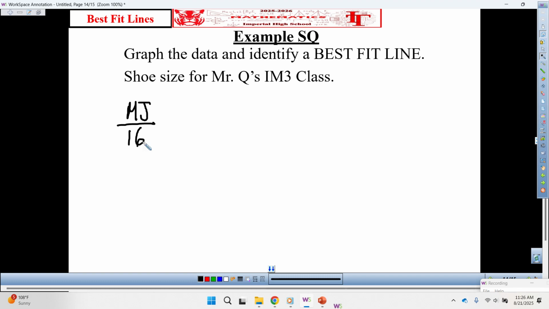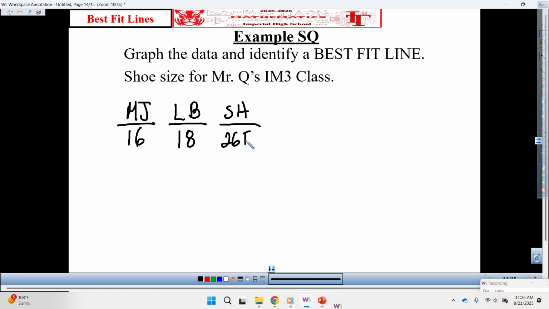Then I go to the next person. Hey, what's your name? Larry Bird. Larry Bird, LB. What's your shoe size? 18. All right, and I go to the next person. What's your name, sir? Sharp. What's your shoe size? 26 triple E. Oh, snap. And so on and so forth.